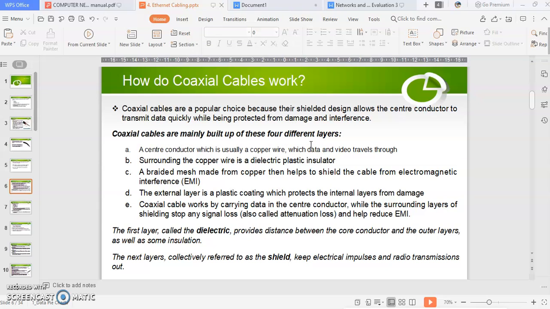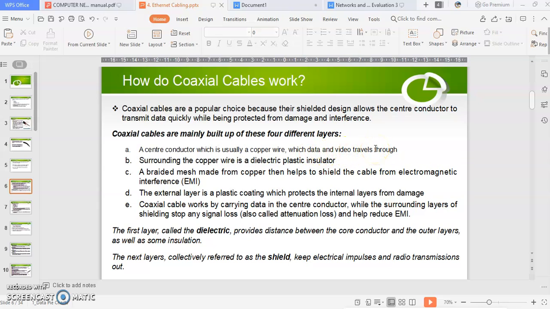The central core, the insulator, next is the mesh wire to protect from electromagnetic interference, and the last one is the plastic cover, which is also an insulator. A center which is usually made from copper, which data and video travel through.